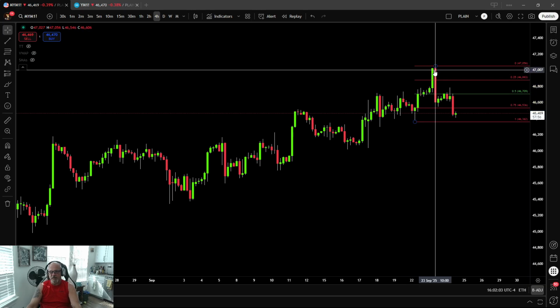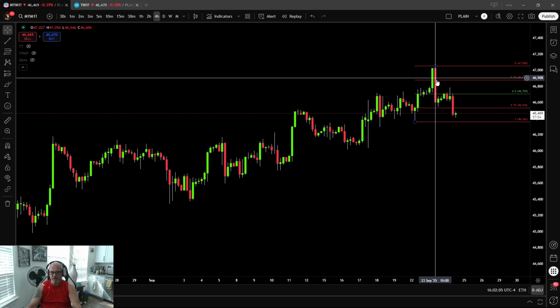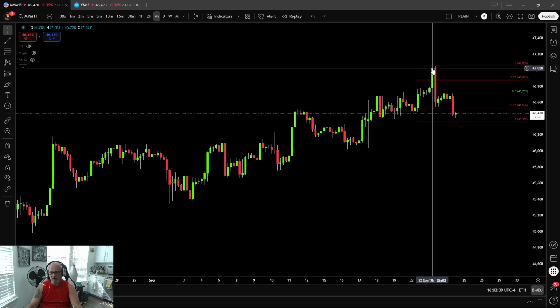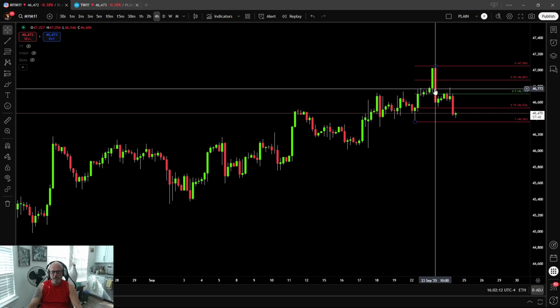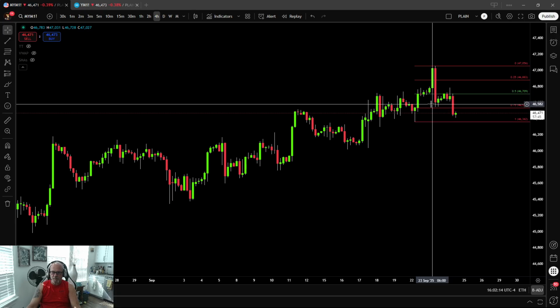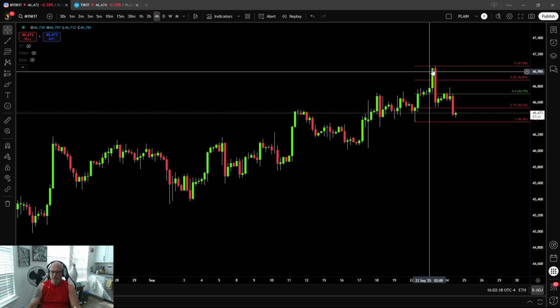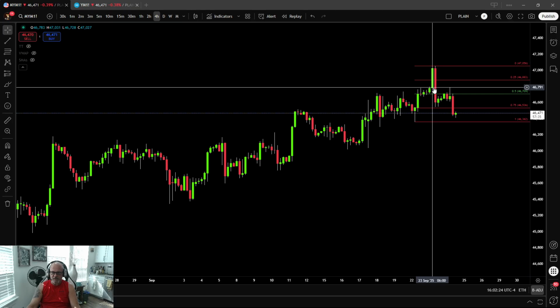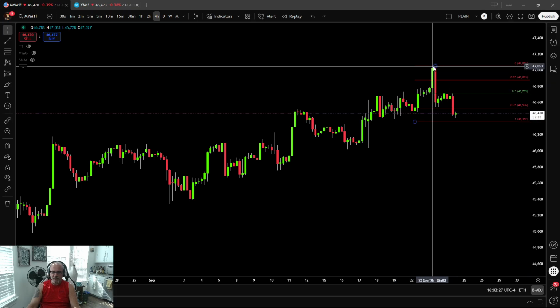Not only that, this is basically a bearish 180 or a bearish engulfing candle, and that is a good pullback. Okay. So now we have a very good dealing range to deal with here on the 4 hour chart.